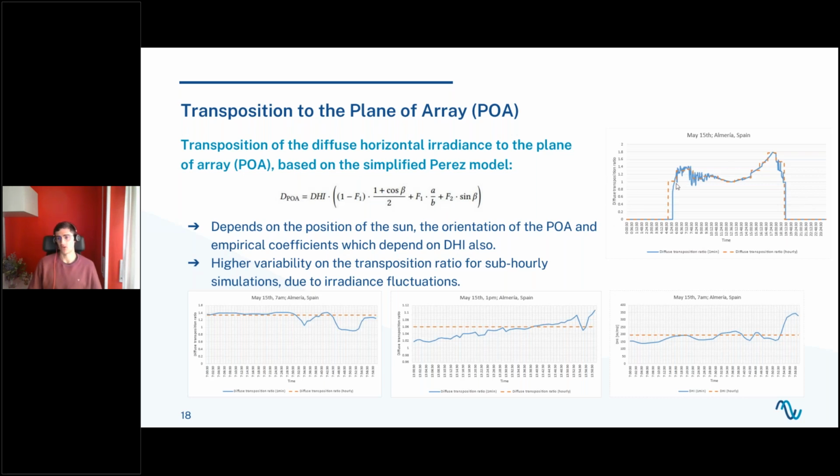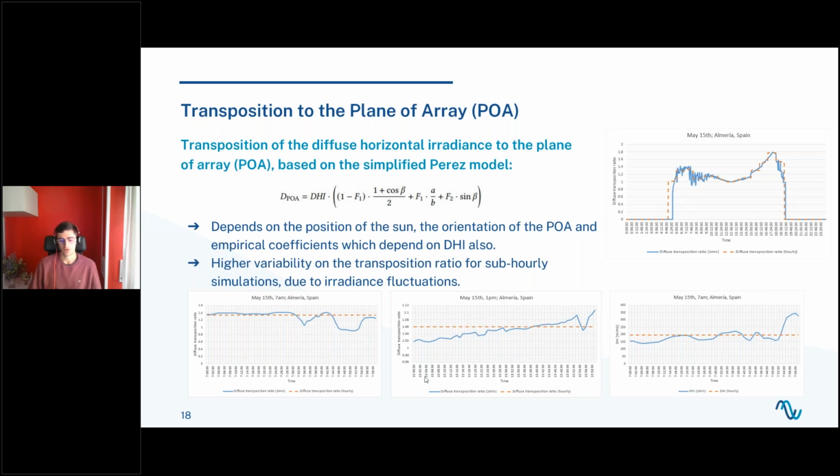Now we can see how the curves are different than the ones that we got for the beam component, and how the sub-hourly simulation is not that smooth and has some peaks and downs in the curve. And also, again, the hourly simulation is following the sub-hourly one, but has still some stairs-like distribution.